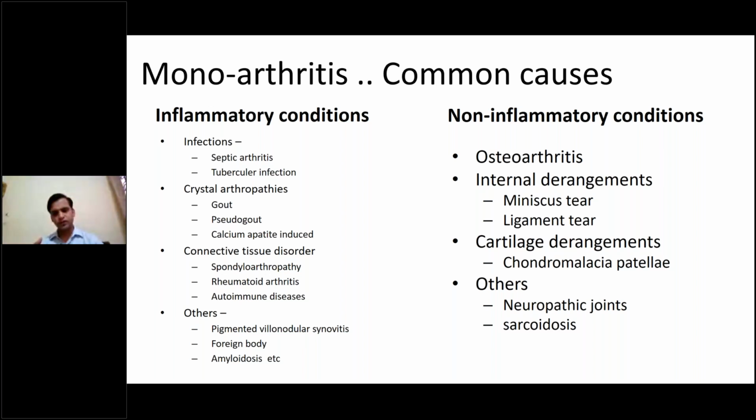For example, rheumatoid arthritis is very well known to start with a single joint. Other causes can be synovial diseases, foreign body, or amyloidosis.